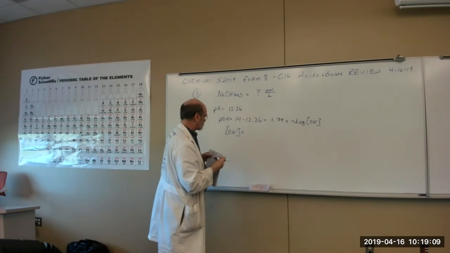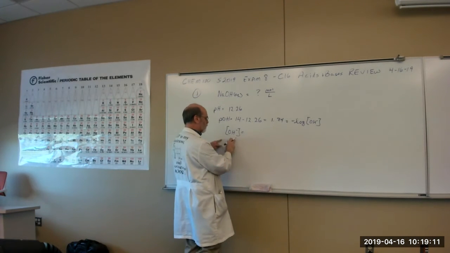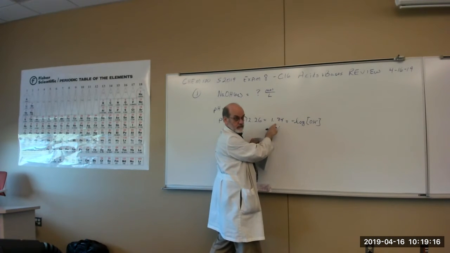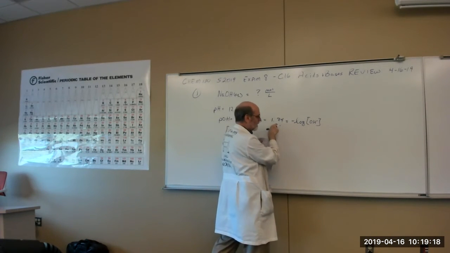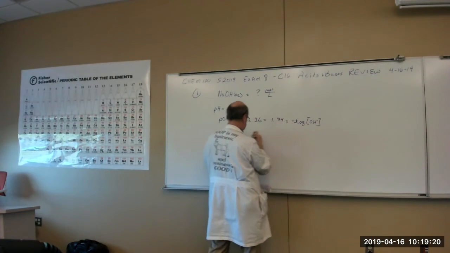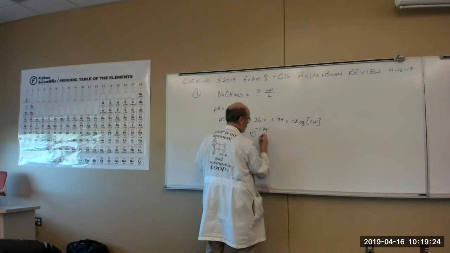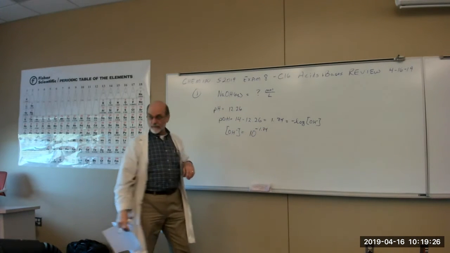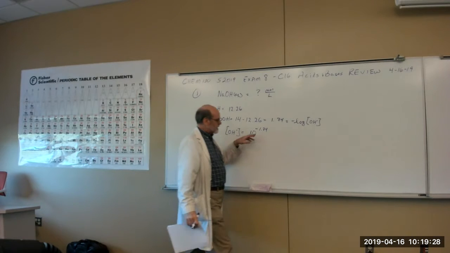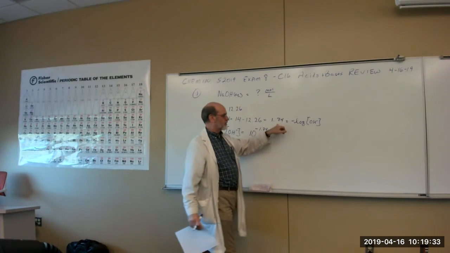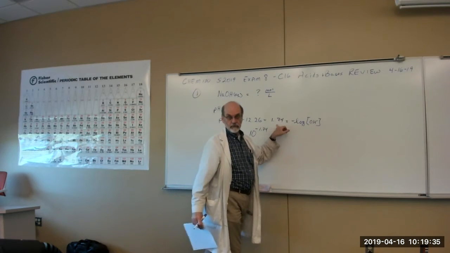Right? So in order to find this one, you take that negative over here first, and then you say this. Okay? You need the anti-log of negative 1.74.